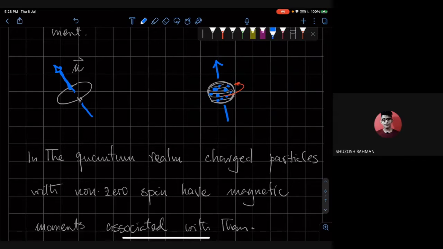So in some sense, spin is a kind of angular momentum, a kind of rotation, and because it's a charged particle, we can associate some magnetic moment to it. This is not a proof, just a motivation.